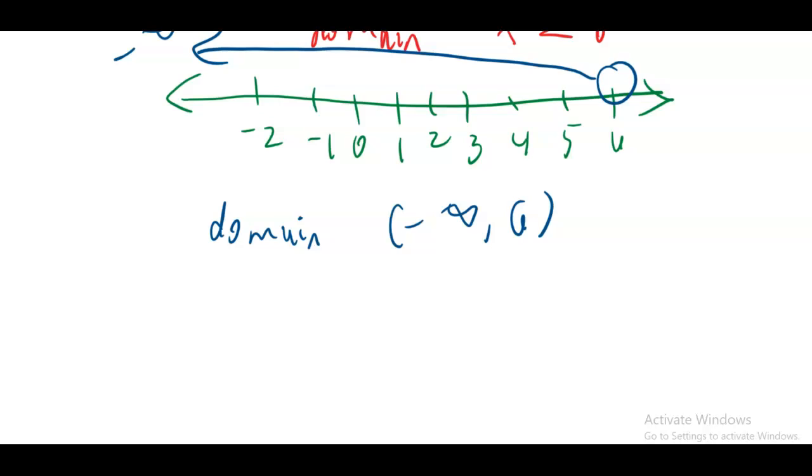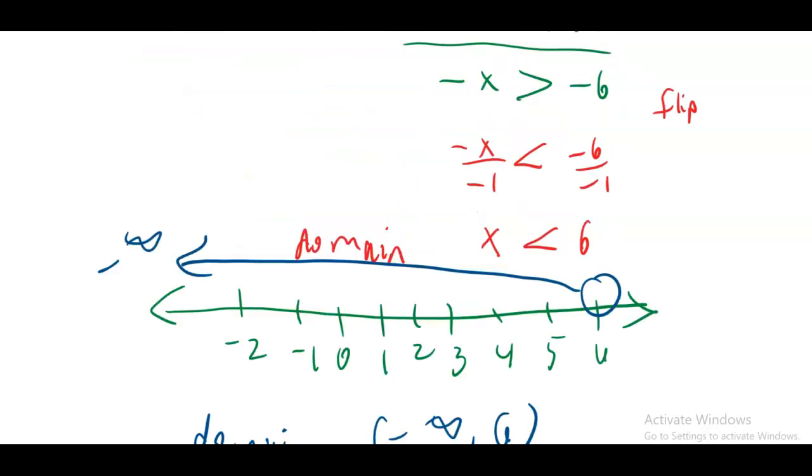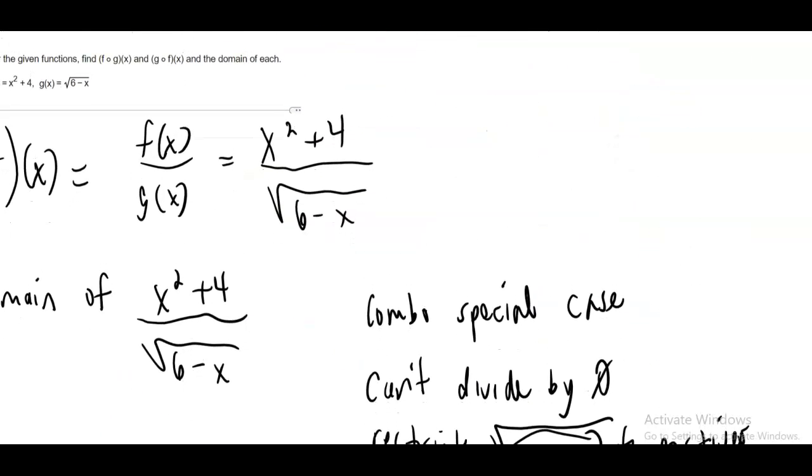So negative infinity, comma 6 is the domain, and we can pull this up on our calculator and look at the graph and look at the table.